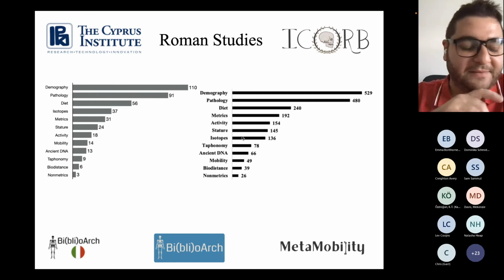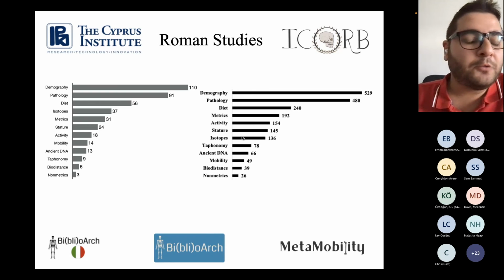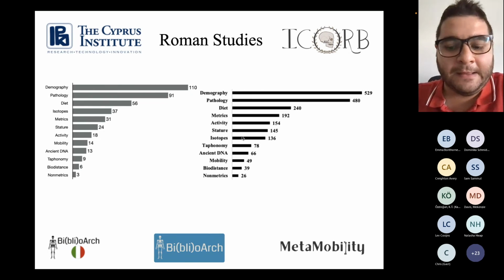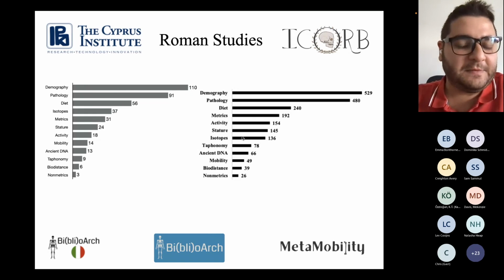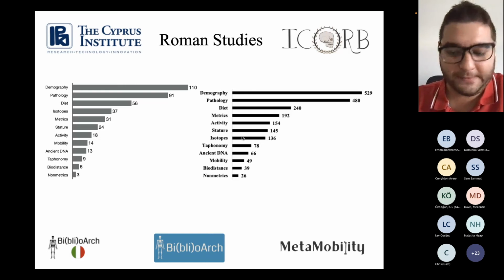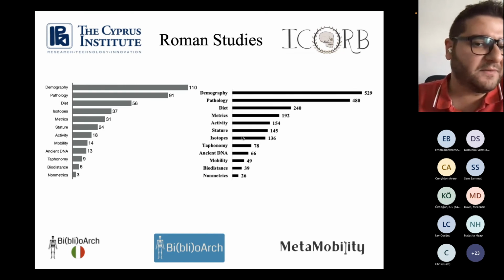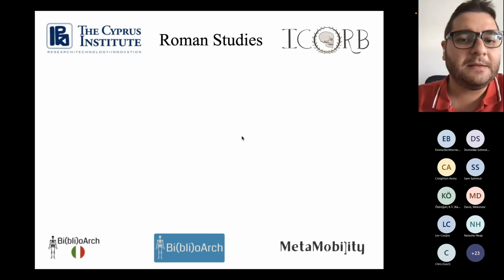Something that I believe I forgot to mention is that out of 1,216 papers, the Roman studies are 202 publications. So for this reason, the chart on the right is also including the Roman studies, it's including the overall studies as well. And we don't see, as I was saying, very much. In the middle is more or less the same, there's not much difference.